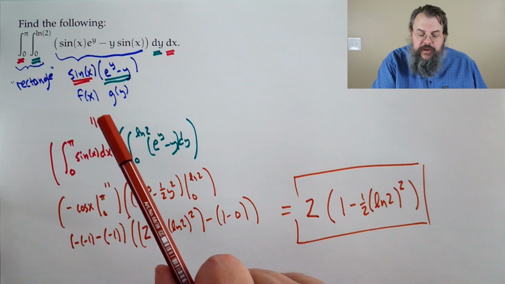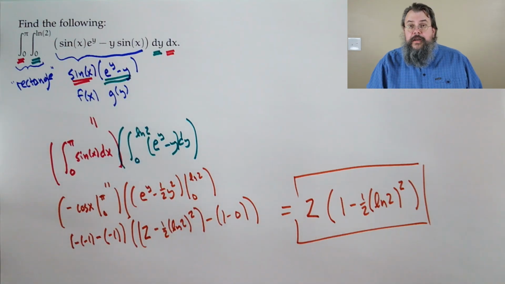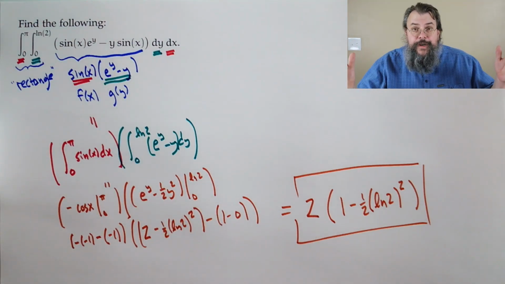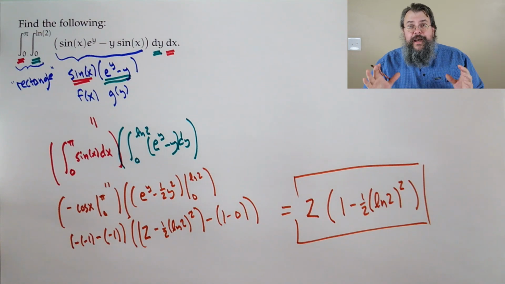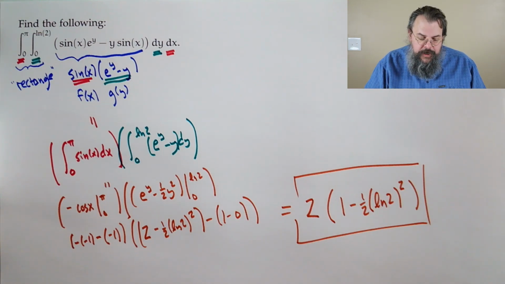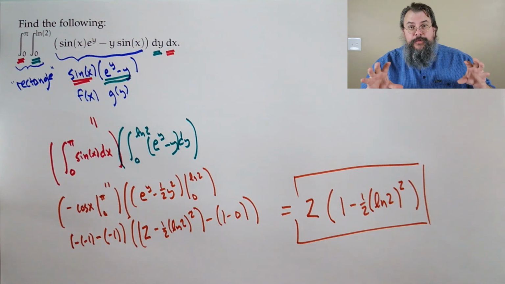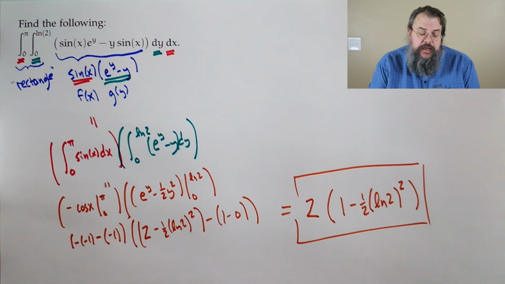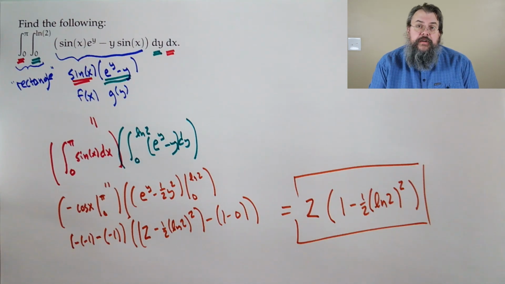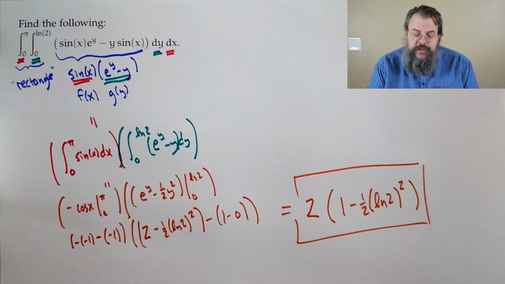So there's some function of x times some function of y, or whatever your variables are. Your variables don't have to just be x and y. You can have your variables be whatever you want them to be. When that's the case, pull your integral apart and just run the pieces individually. It can be a little bit faster, and it can sometimes be easier to keep track of what's going on. So that's just a nice option that you have, and keep that in mind.